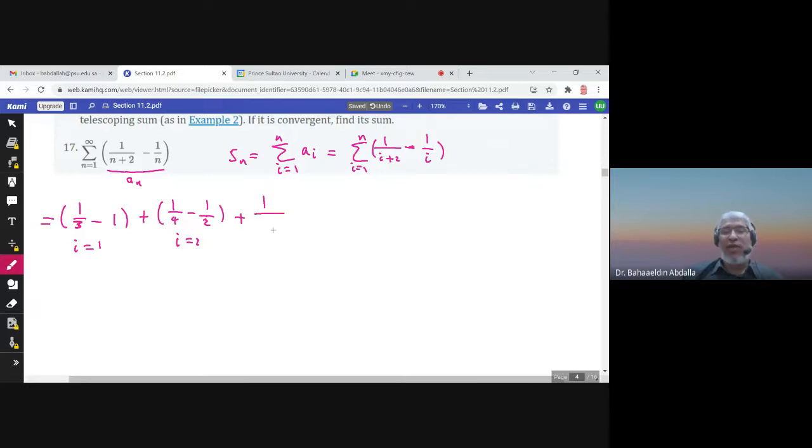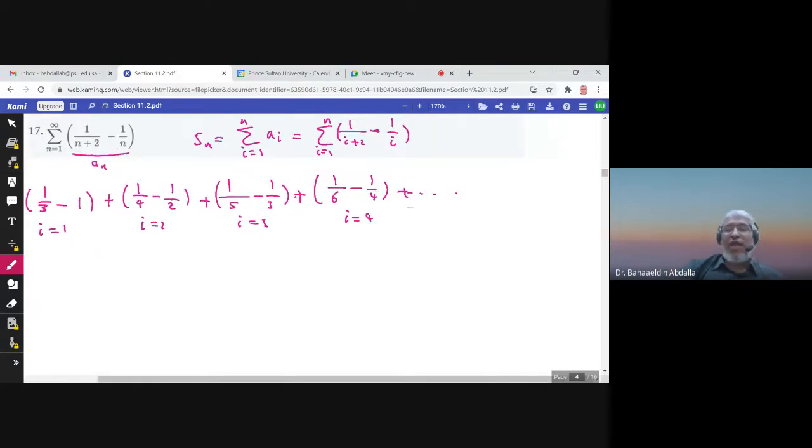Replace i by 3. 3 plus 2 is 5. Here i is replaced by 3. Replace i by 4. Here i is replaced by 4, and so on. Now let us find the last terms.